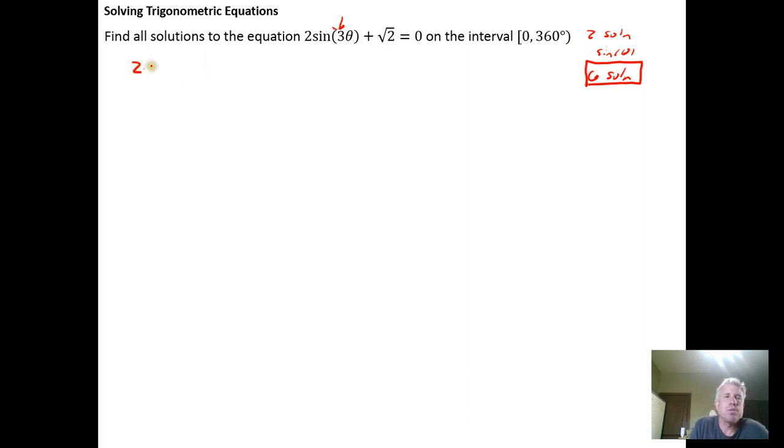So the solution process is going to be to rewrite the equation, and then isolate the sine function. We're going to subtract the square root of 2 from both sides, and then divide both sides by 2 to get the sine function by itself.